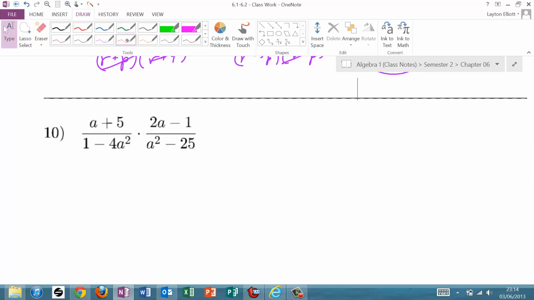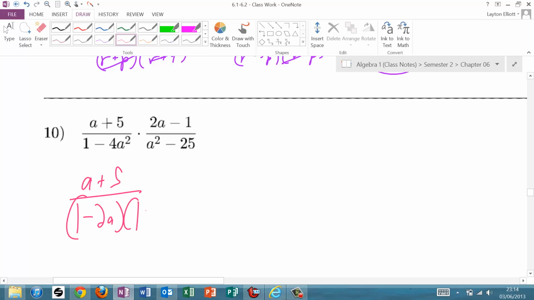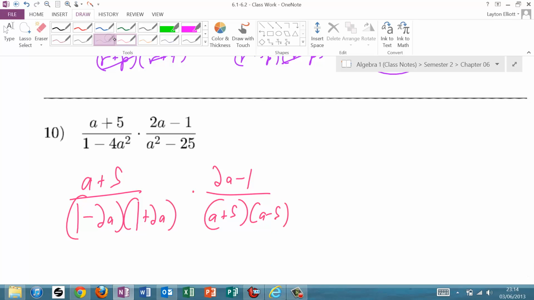Number 10, we've got some more factoring. The a plus 5 can't factor, but the denominator can factor as 1 minus 2a and 1 plus 2a. The 2a minus 1 cannot factor, because there's no greatest common factor. But then I'm left with a plus 5 and a minus 5. So look for things that can cancel. I'm going to put parentheses around the a plus 5 and cross it out with this a plus 5.